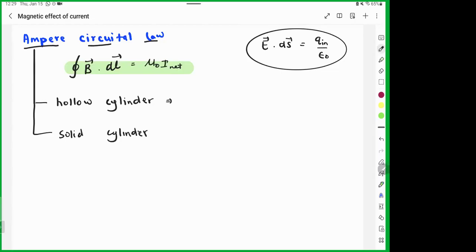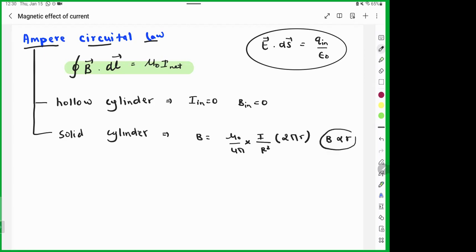Most important, in case of a hollow cylinder, your current inside is zero. That's why the magnetic field inside the cylinder will be zero. But if you take a solid cylinder, you can use this method: mu naught upon 4 pi, then I by r square, and your length will be 2 pi r, small r. So it means the magnetic field inside, in case of a solid cylinder, depends upon the radius, maximum at the surface.